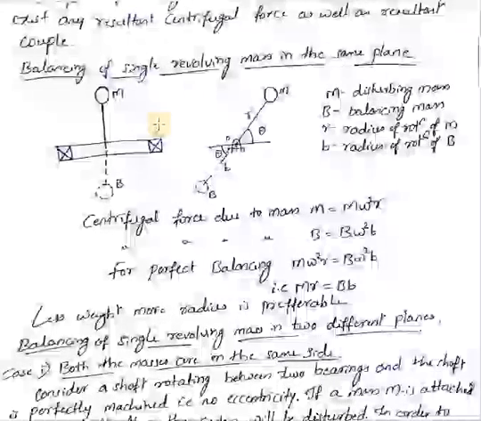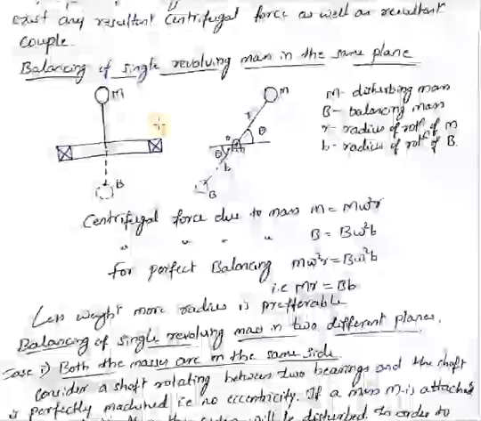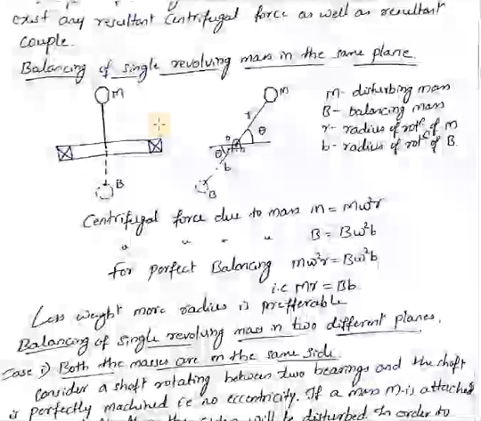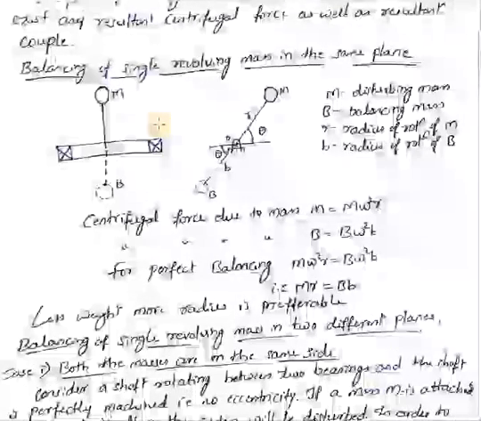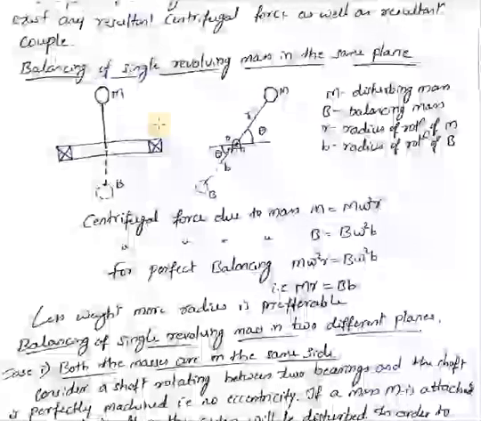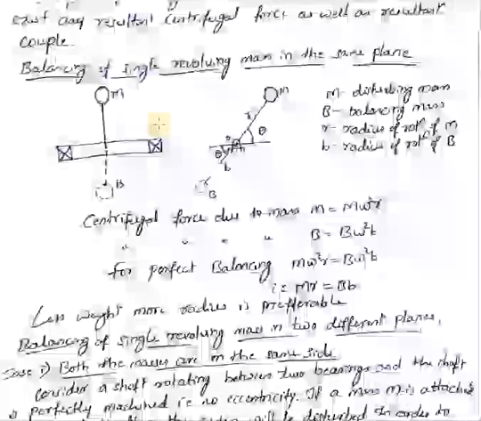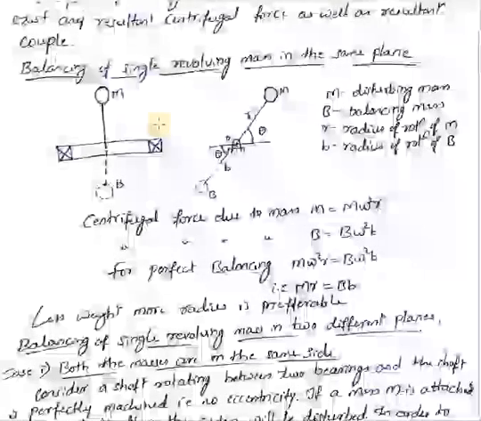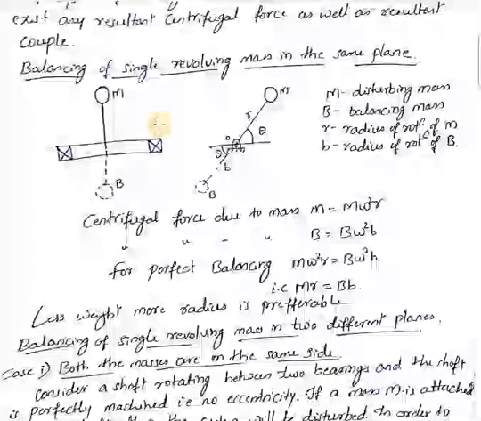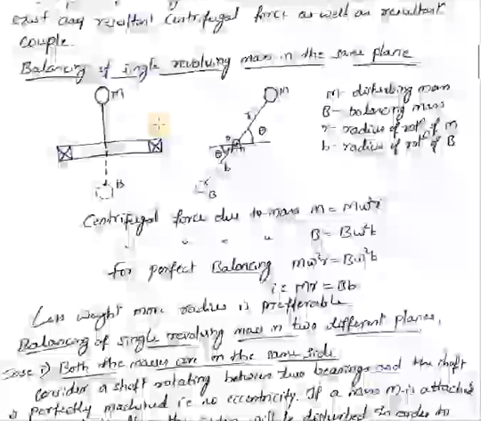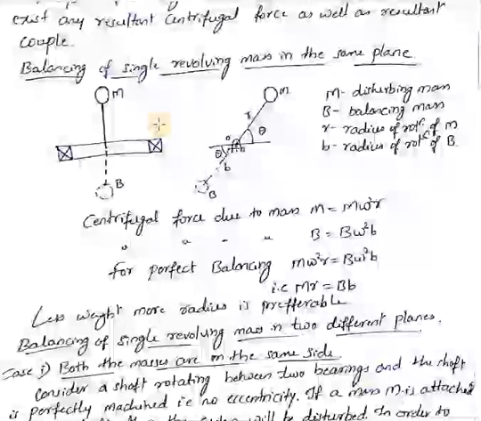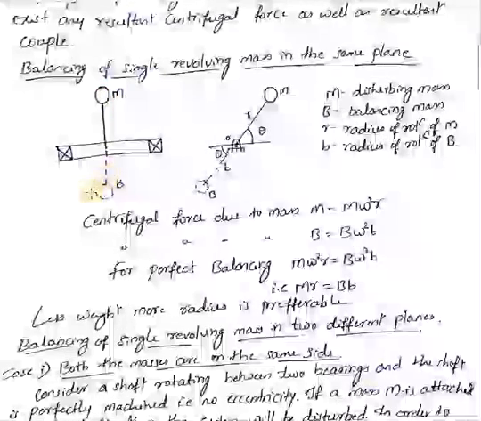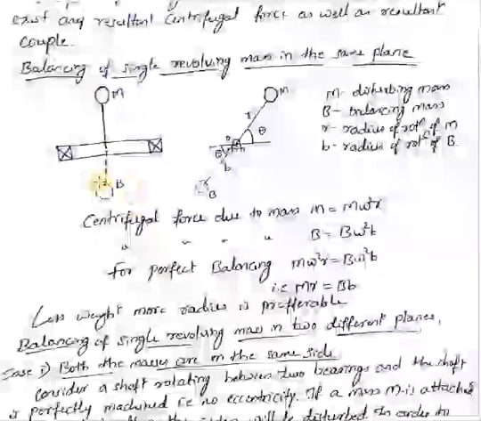In order to balance this system, attach one more mass, B, diagonally opposite to the mass M. This mass will also produce a centrifugal force. If these two centrifugal forces are equal and opposite, then the system is said to be balanced.